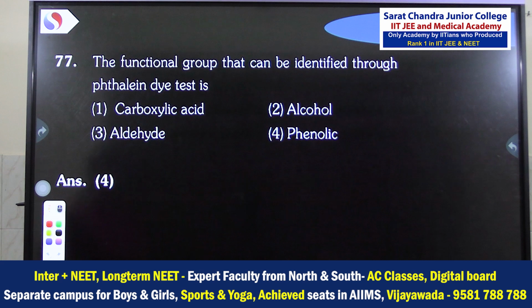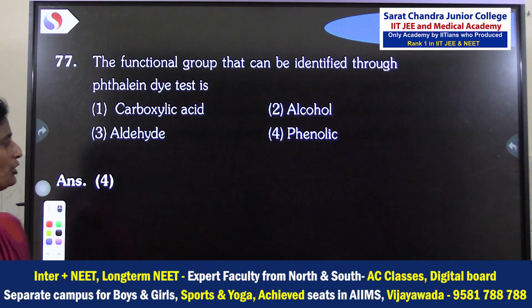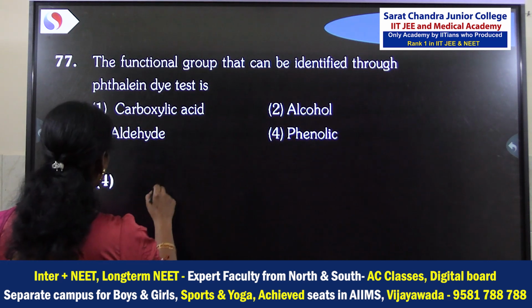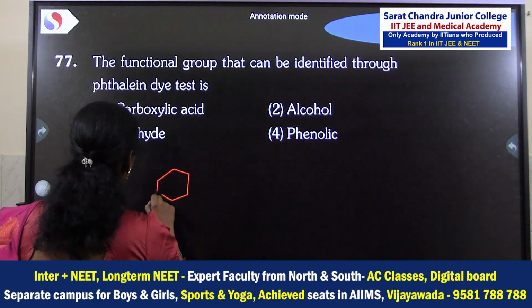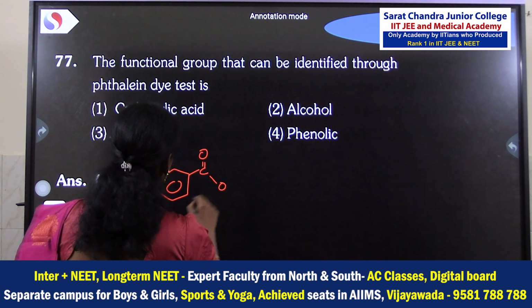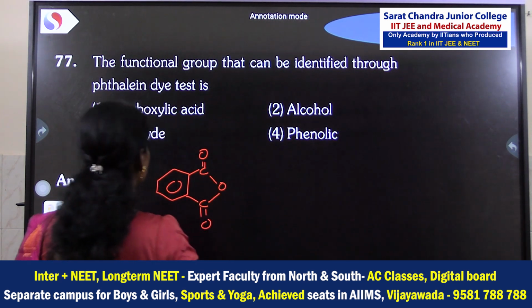Next, 77. The functional group that can be identified through the phthalein dye test. The phthalein dye test is used for the identification of the phenolic functional group. Phthalic anhydride is obtained by the dehydration of phthalic acid.